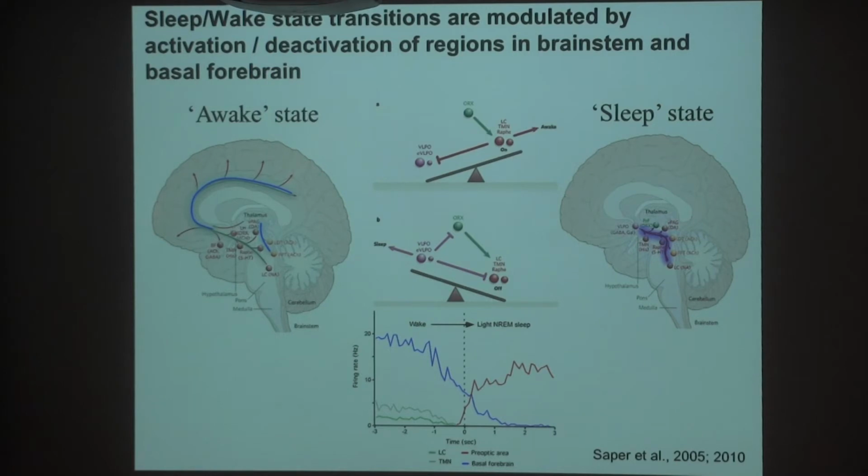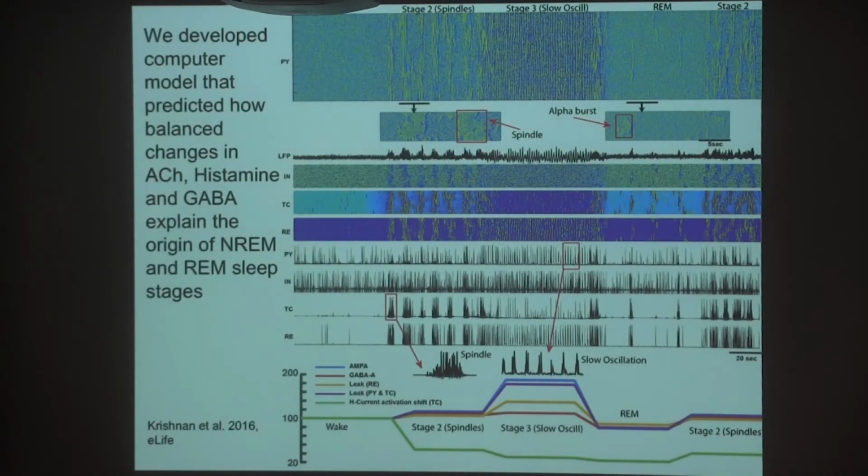What we did, and what I think was critical for our studies of memory and learning, is to develop a model of sleep stage transitions, which is summarized in this very complex plot. It is a thalamocortical model, with pyramidal cells, inhibitory interneurons, and thalamic relay and reticular cells.